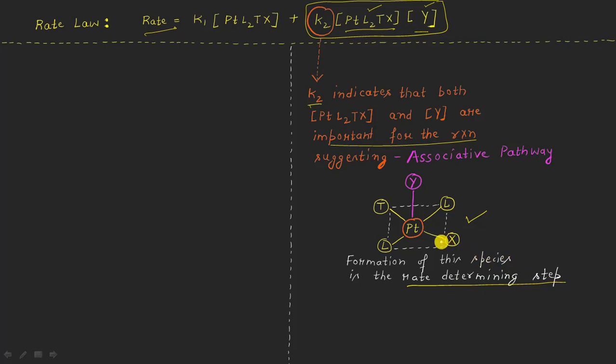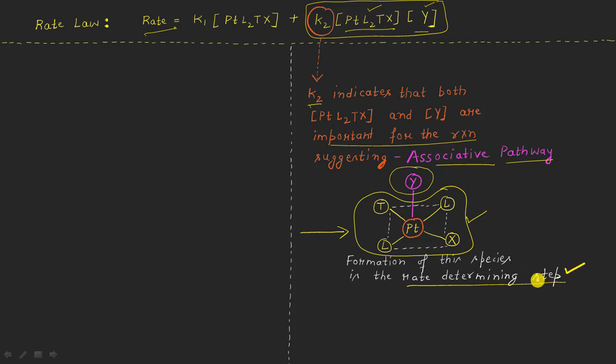Once again, I repeat that from this part of the rate law, it is very clear that the K2 term indicates that both the concentration of the starting complex material as well as that of the entering nucleophile are important for this reaction. So this clearly indicates that it is an associative type of pathway, and the formation of this complex or this intermediate here is actually the rate determining step, right?